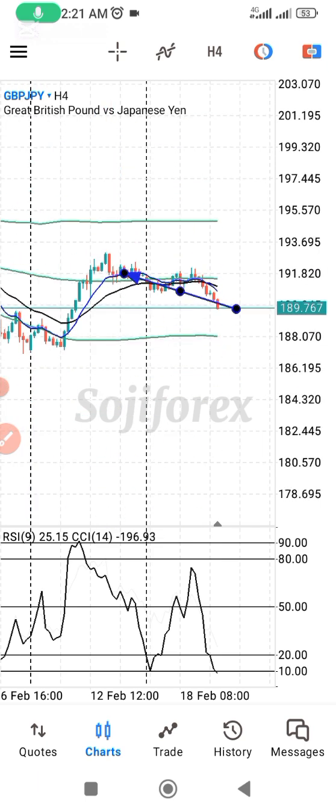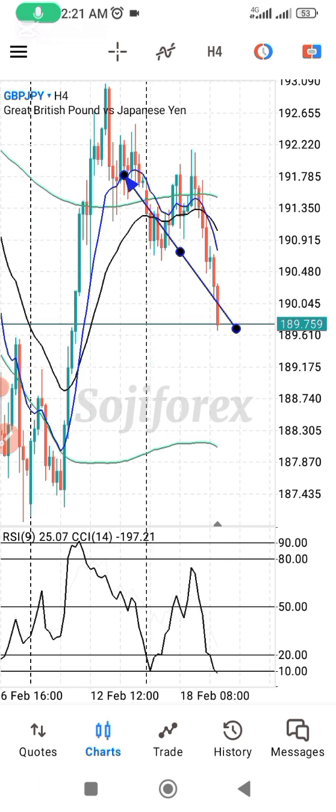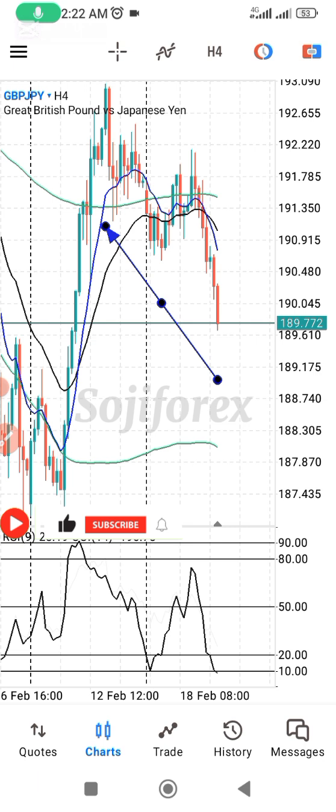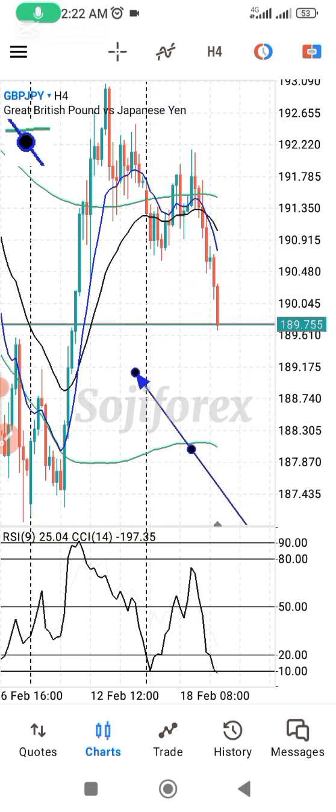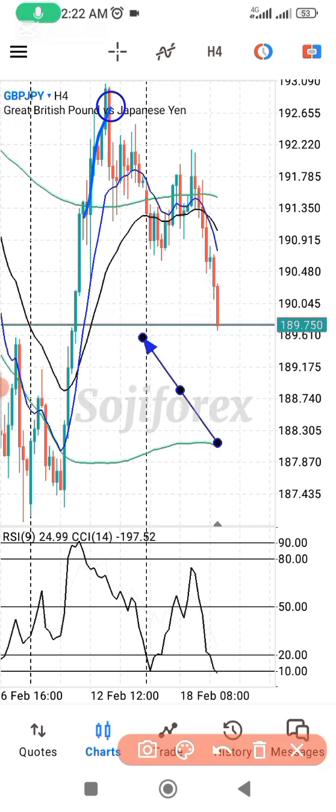Having established all of that, remember we'll begin our analysis by identifying the trend of the market. And we have established that whenever price is below the middle Bollinger Band, we are in a downtrend. And when price is above it, we are in an uptrend. However, the fact that price just breaks above the upper Bollinger Band doesn't mean we are in an uptrend.